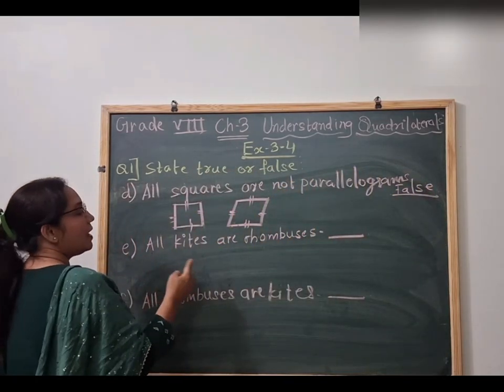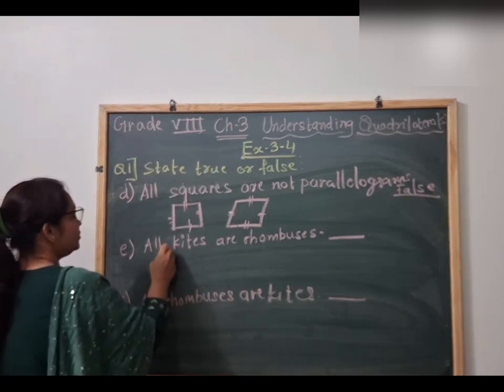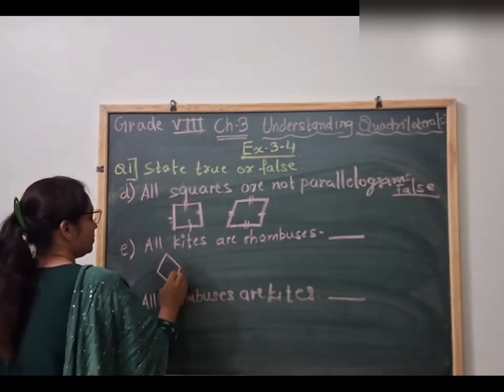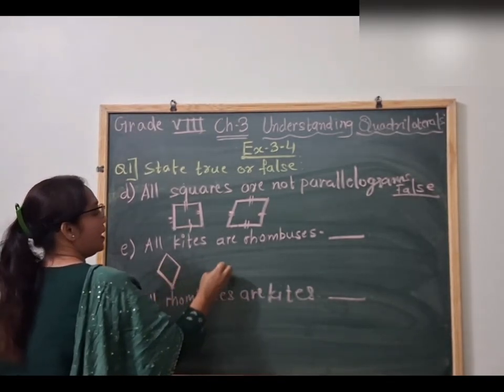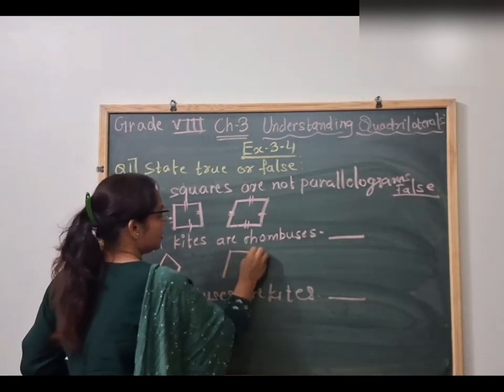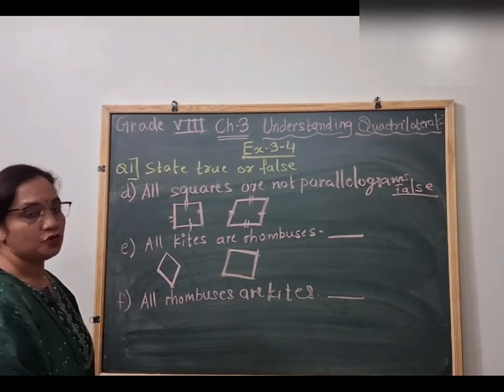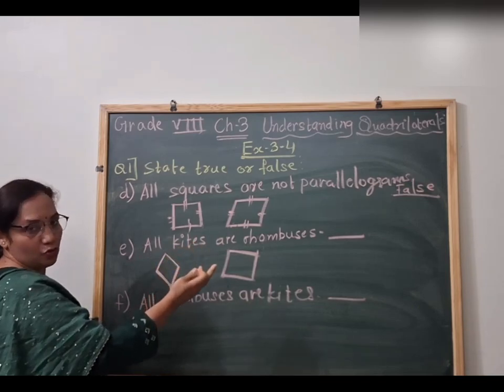Now moving on to all kites are rhombuses. So let us first draw kites. And rhombus. Okay, so E says all kites are rhombuses.